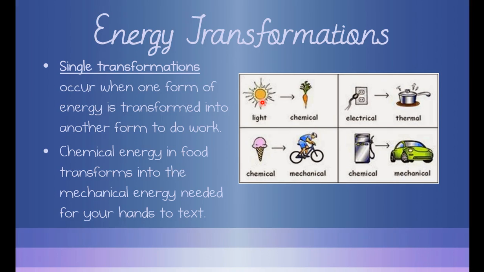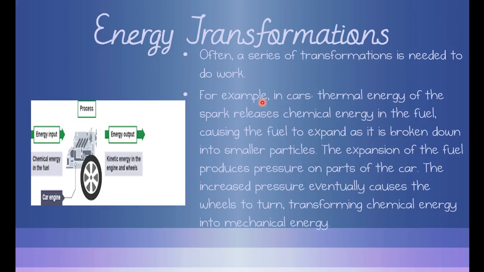So when you are texting or you're on your computer right now and clicking buttons, that's all happening because the chemical energy in the food you ate is transformed into the mechanical energy your hands need to click the keyboard.